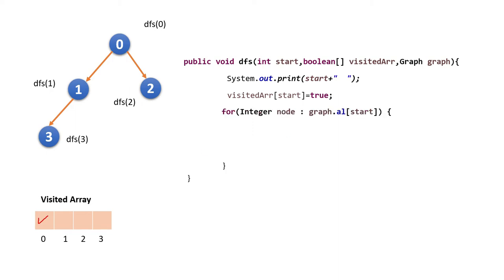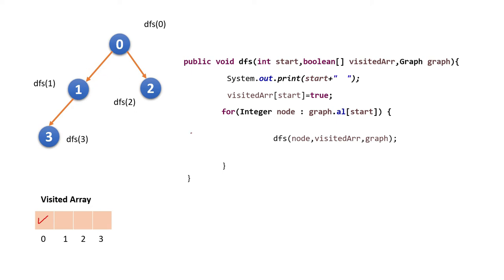Then I have to check the adjacent nodes for that particular start point. For 0, the two adjacent nodes are 1 and 2. I have to iterate over that, and for each node we have to again call the DFS function.